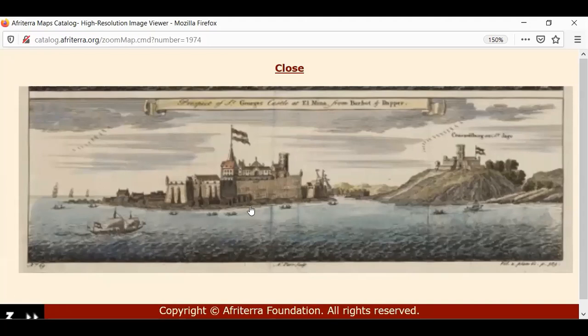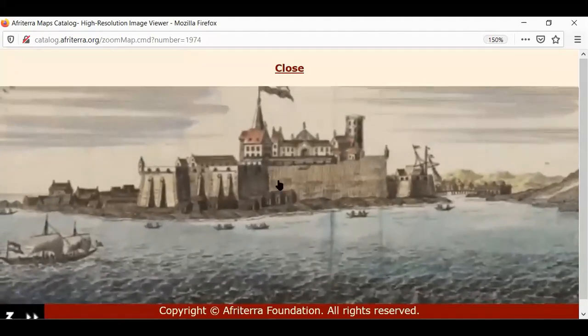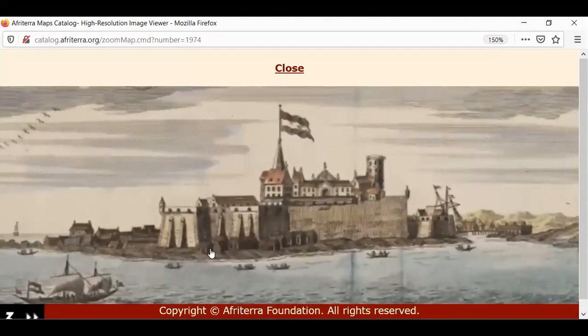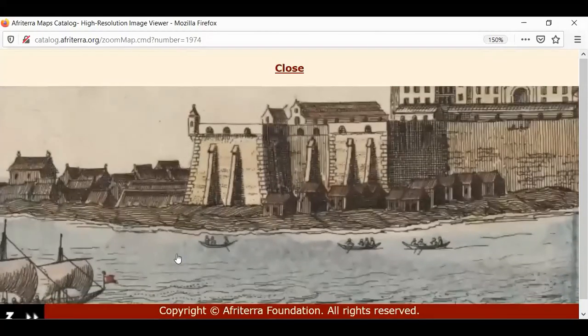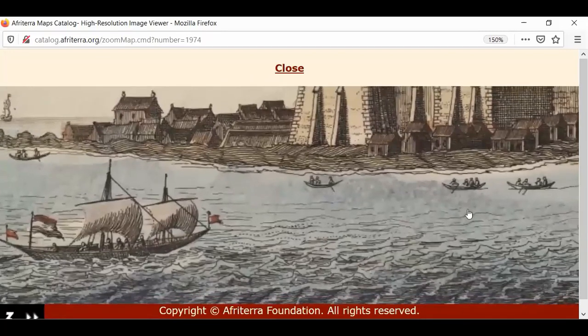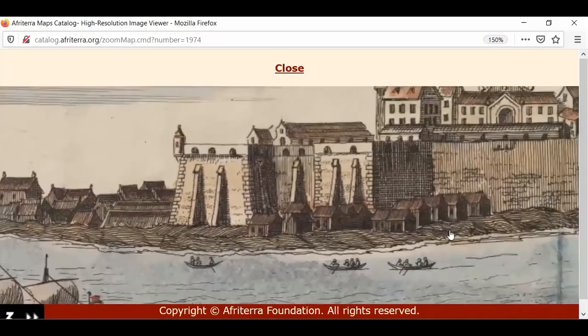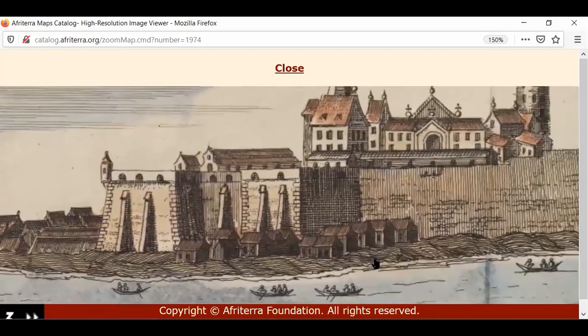Once again, you can call it up in the catalog and enlarge it to such an extent that, even if you had seen the original, you would not be able to see the original in the level of detail that Jerry Rizzo has provided here.